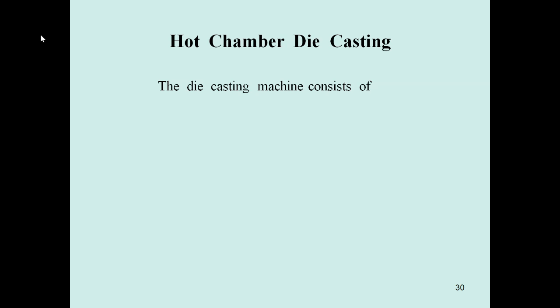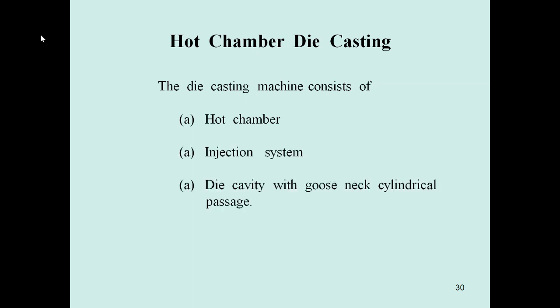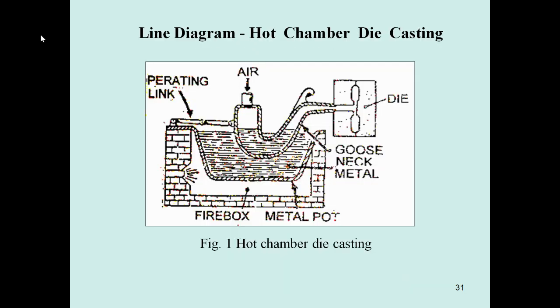Now we can see the hot chamber die casting. The die casting machine consists of a hot chamber, ejection system, and die cavity with a gooseneck cylindrical passage. This is the line diagram of a hot chamber die casting machine.